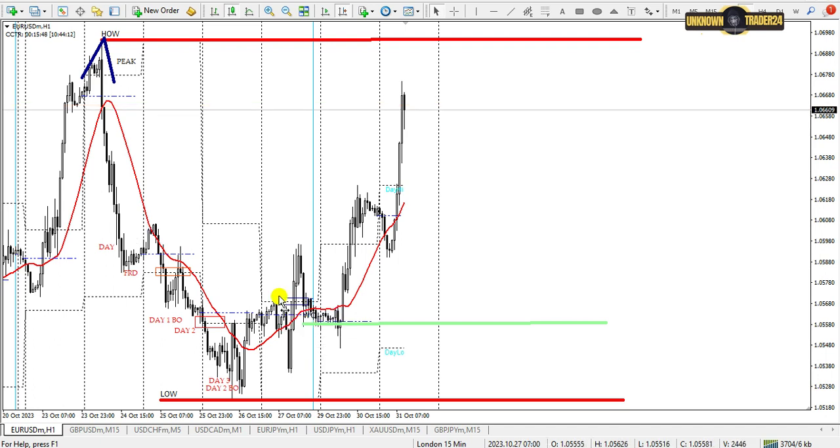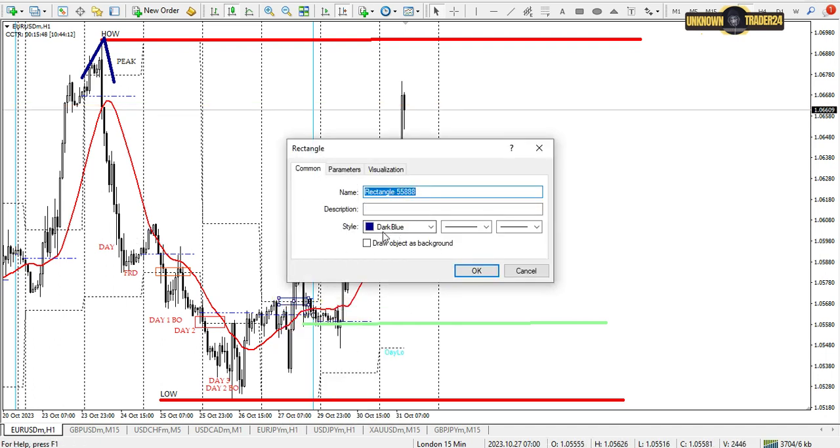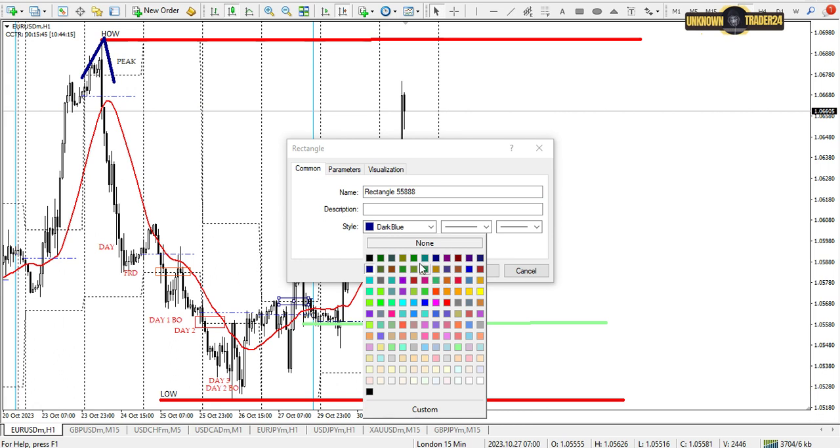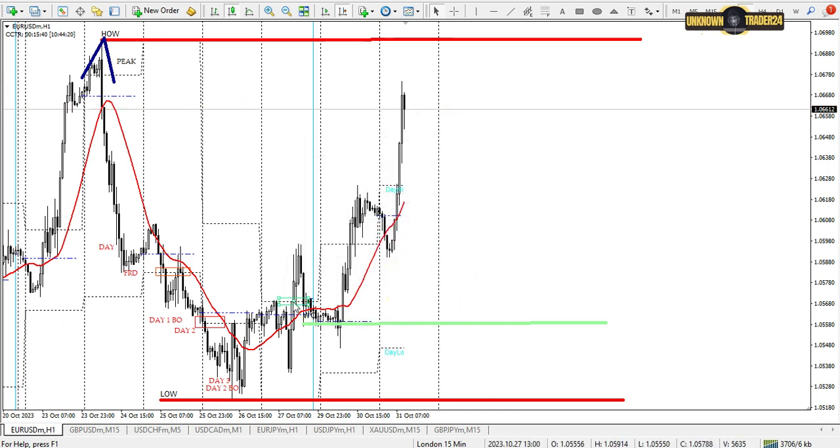So now I'm going to change this to green, because now they broke the high of the previous day. That's when we start actually getting interested. The moment they break the high, this high here, the high of the previous day, that renders this previous day as a peak formation. Do not go against peak formations. Yes, sometimes they will break and continue going down, and if they do that after they've broken the low, then that's a recount.